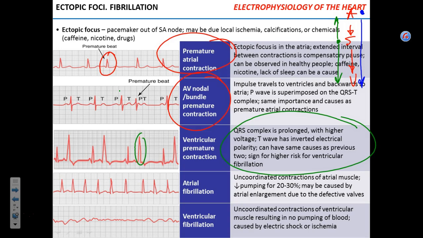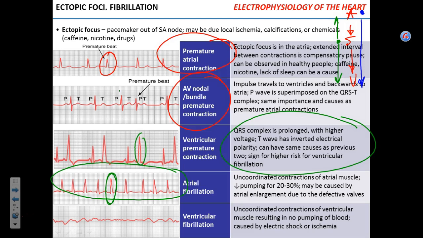Okay? So fibrillation is basically when cells in the wall of a particular chamber start to contract in an absolutely random way. So this is an example of atrial fibrillation. Now what's important to notice is that in atrial fibrillation you still have ventricular contraction going on. Does that make sense?